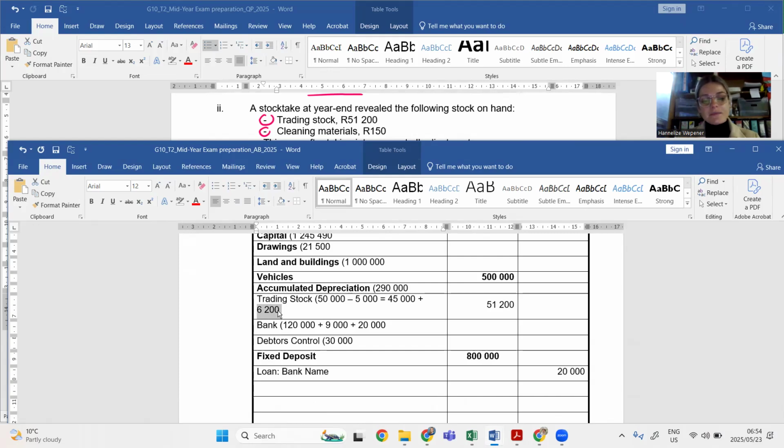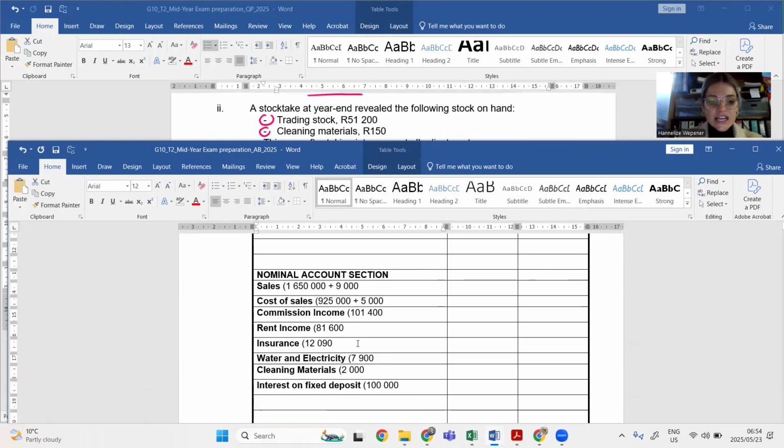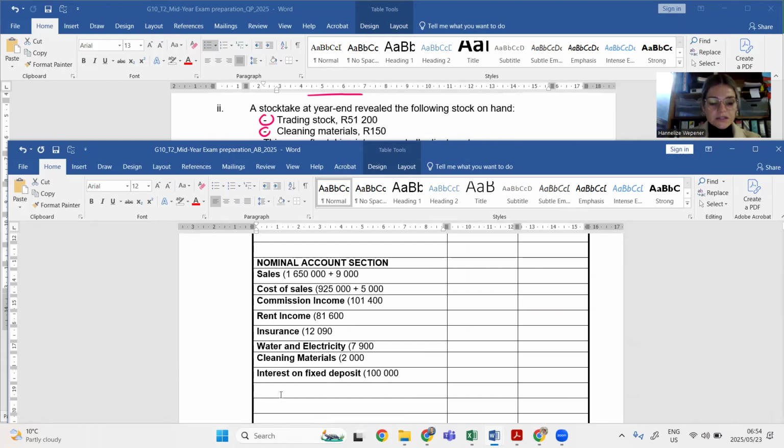If I physically counted more stock than what I thought I had in my records, it means that I have a trading stock surplus. So I'll go to my nominal section because this is an income account, and I will say trading stock surplus, credit. Okay, so it's an income.